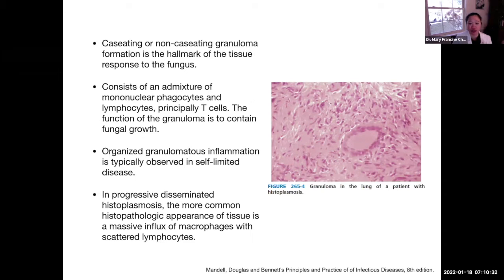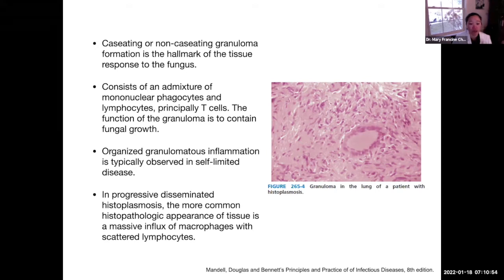And really the function of that granuloma is to contain fungal growth. Organized granulomatous inflammation is typically observed in self-limited disease. So if your immunity is intact and you're able to limit the infection, then you will form organized granulomas.